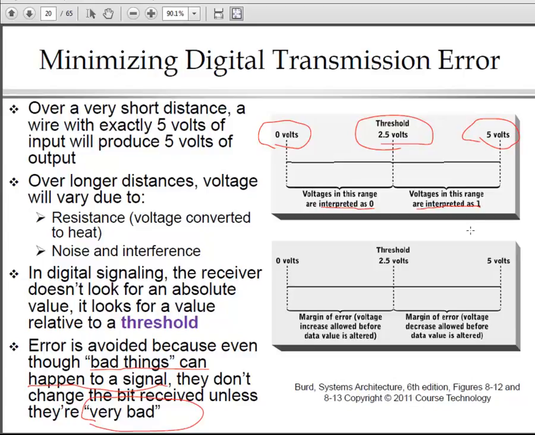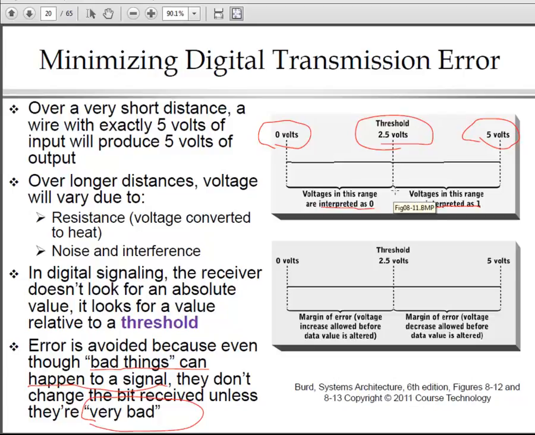Okay, so this idea of a threshold is basically slop. This is a slop factor. Okay, fudge factor. So you build a fudge factor into the transmission scheme. And you give the widest variation you can between what represents a 0 and a 1.